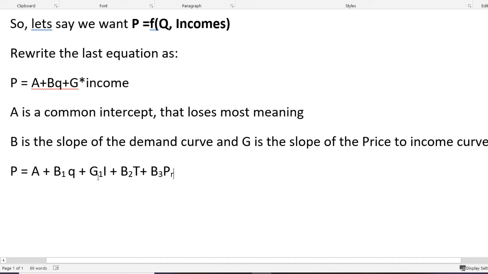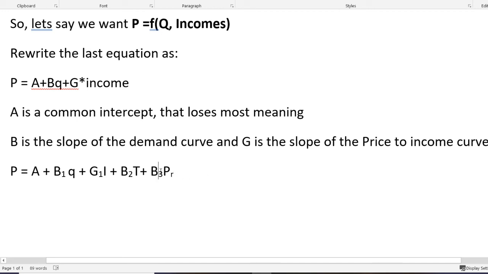So that would be a slope of the income and price line. Recall that when I was explaining supply and demand, I said there are infinite number of different options out there. B2 is the slope in tastes and preferences. I've got to be honest, I don't know how to measure tastes and preferences, so we might not have good information on that, and I'll get to that in a minute.